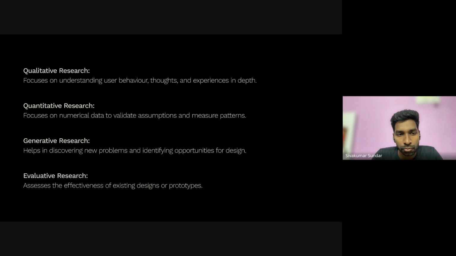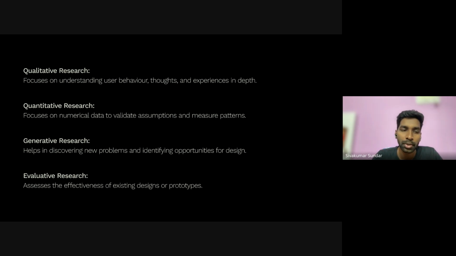Qualitative research is focused on understanding user behavior, thoughts, and experiences in depth. Why is this important? Only if you know how users are behaving today, how they are dealing with their problem today, and what they are thinking about it, only then will you be able to understand whether your assumptions, or the app or product that I'm going to build, are going in the right way.